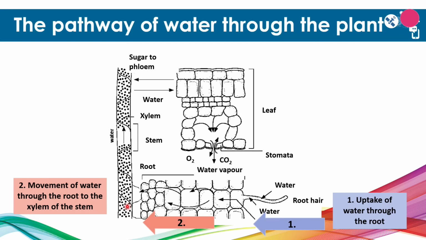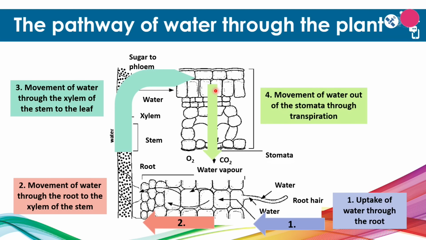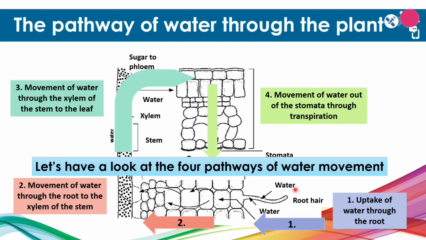Then when it reaches the xylem, as you would suck through a straw, the water needs to be sucked up against gravity, because the leaves are obviously at the top of the plant. So it moves up through the stem until it eventually reaches the leaf. And the fourth way is that the water now needs to leave the leaf through transpiration. Okay, so we'll be looking at these 4 pathways.